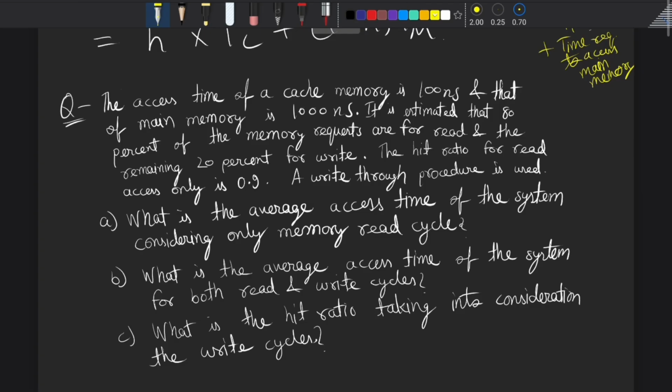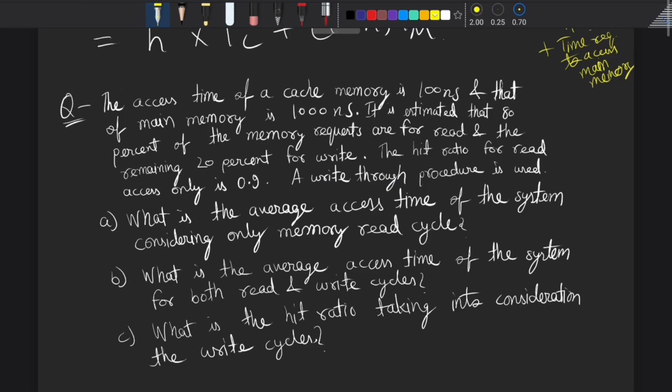In the write through procedure, the cache and main memory are updated simultaneously, while in the write back procedure, the cache is updated first and the main memory is updated later. So here we are using the write through procedure.